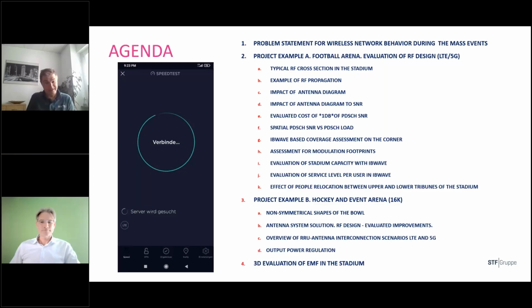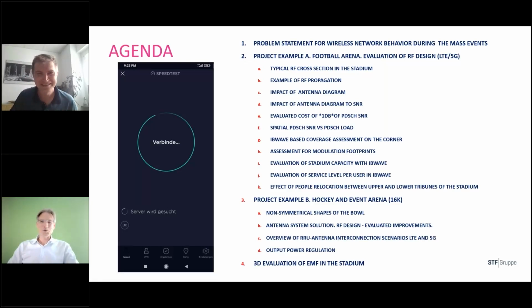When you cannot even connect, of course, in this case, it could be just a PDCCH channel problem, some overload on the PDCCH channel. But in general, there is a big problem with football and all other types of stadiums. And today I would like to give you one example with a football arena and one example with a hockey arena. Which one would be more difficult to plan, do you think, Ralph? Football or hockey?